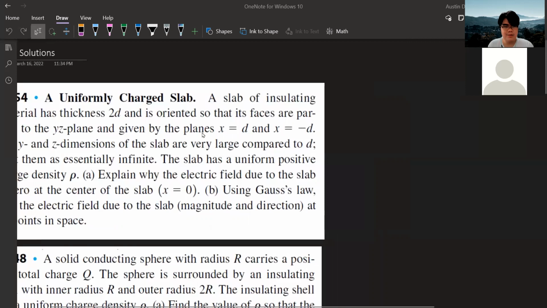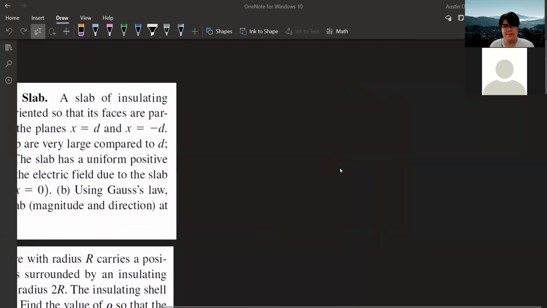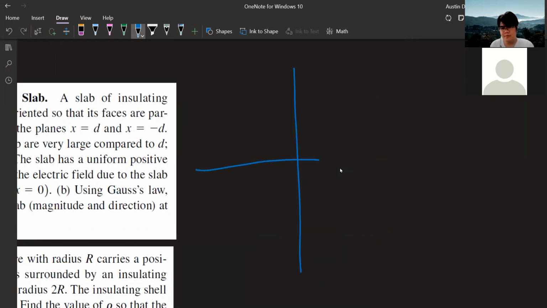Tapos, thickness 2D. Okay, so this is X, sabi niya. And this has to be Y by right-hand rule. This is Z. Okay?